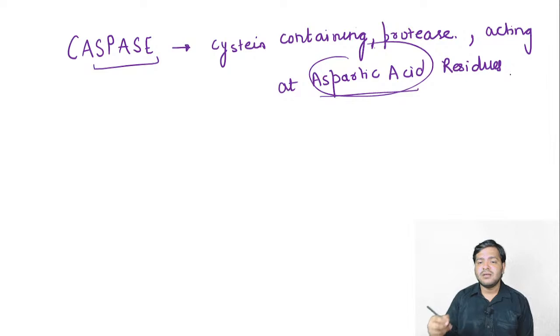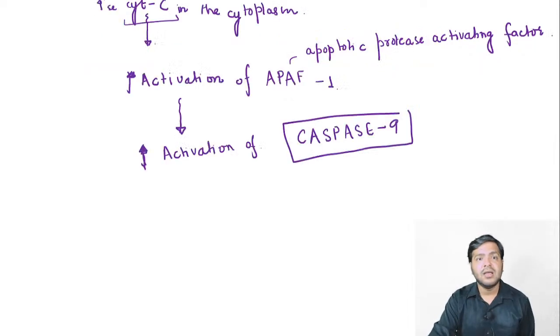They are destroying the proteins of the cell, the structural part of the cells, and the caspases are basically numbered from 1 to 10. You can see over here caspase 9, which is functioning in the intrinsic pathway. Now, how to remember, guys?